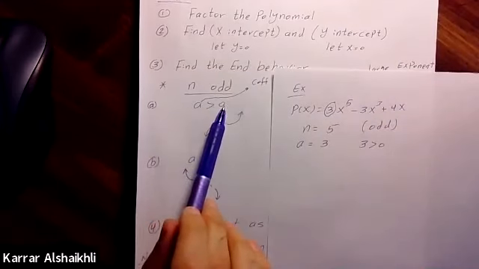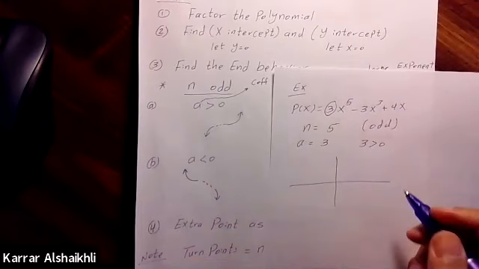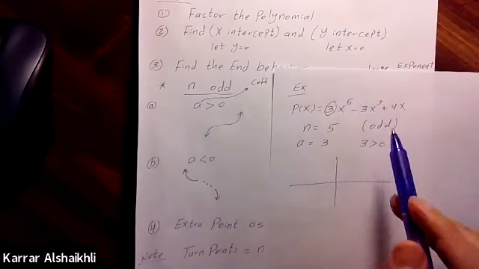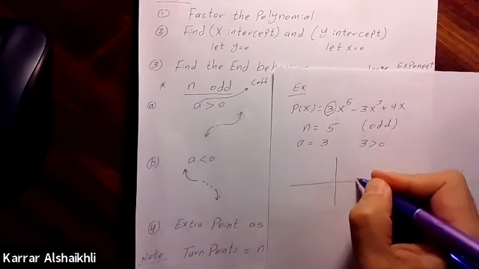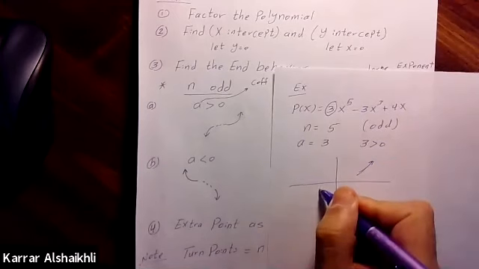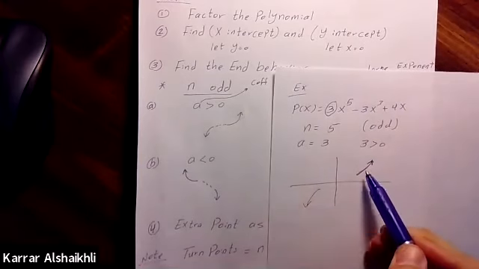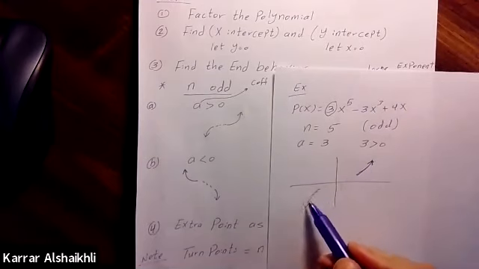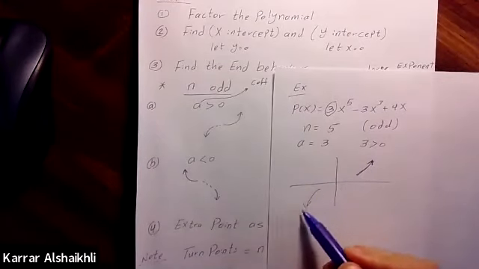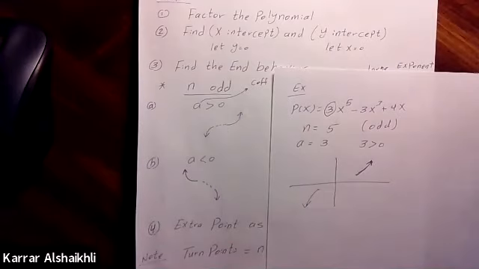That means when I graph this function, I already know the end behavior: from this side up and from this side down. Because my end behavior says the right side of your function is going to go up, and the left side of your function is going to go down. This is just, we will see that when we do examples to graph the polynomial function.